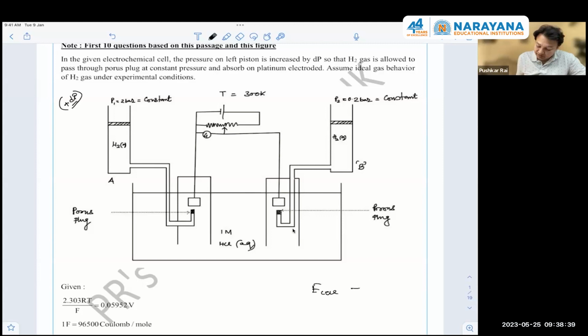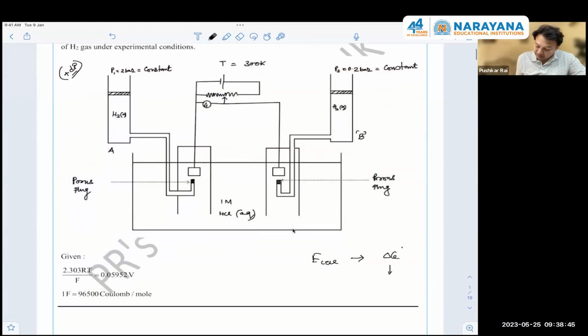If we know the E cell, we will calculate delta G. Calculation of n into F into E cell will give us the delta G value, and this is nothing but W electrical. So a lot of this can be done.